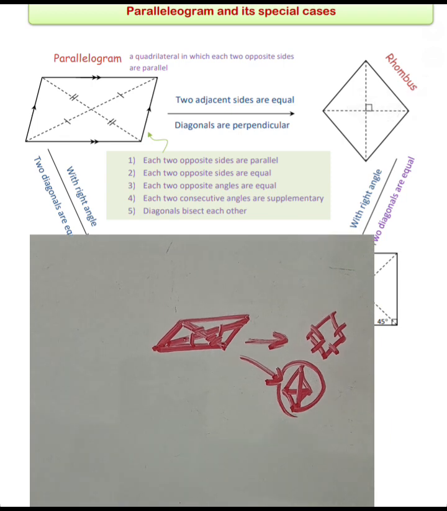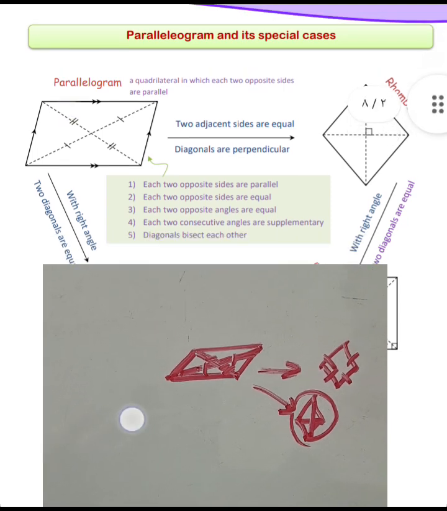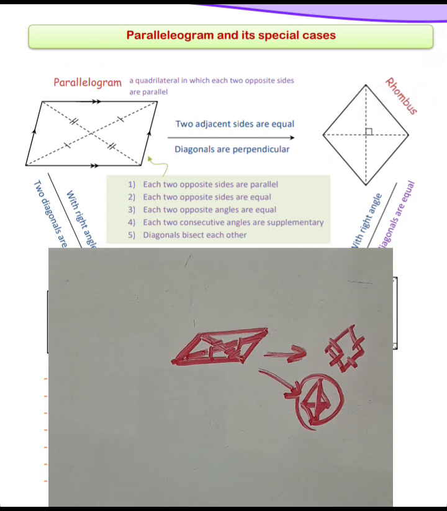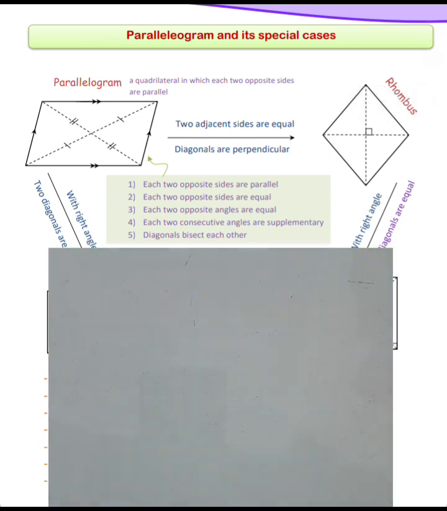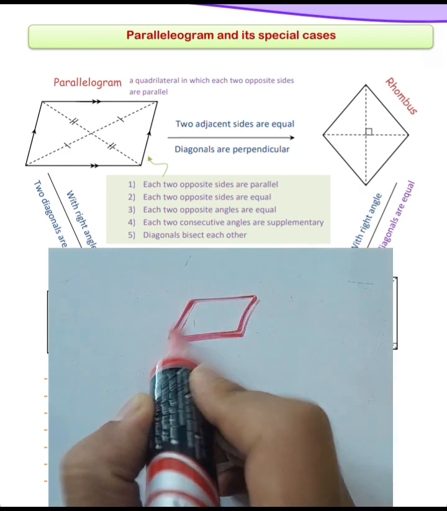What about the properties of a parallelogram? Each two opposite sides are parallel. Each two opposite sides are equal lengths.